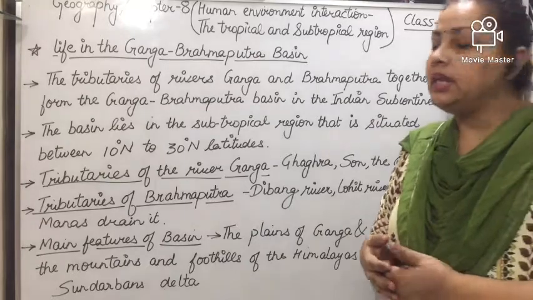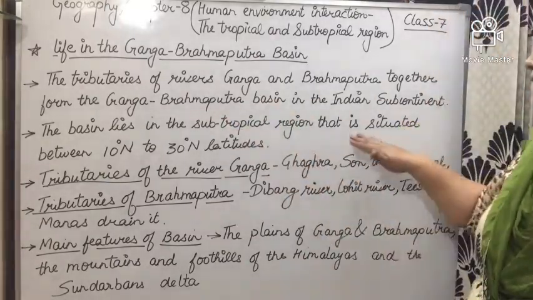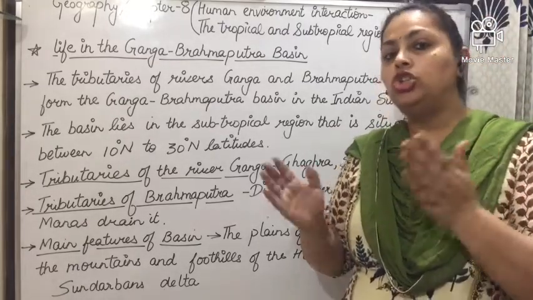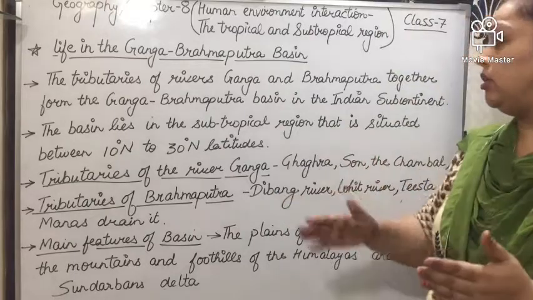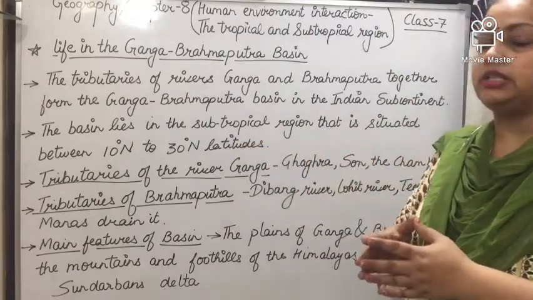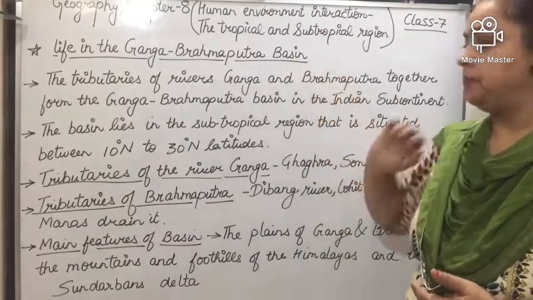The basin lies in the subtropical region, situated between 10° north to 30° north latitude. That is the location of the Ganga Brahmaputra basin.